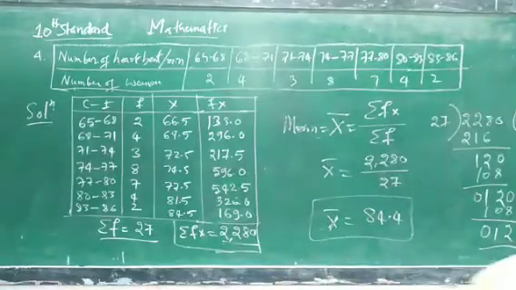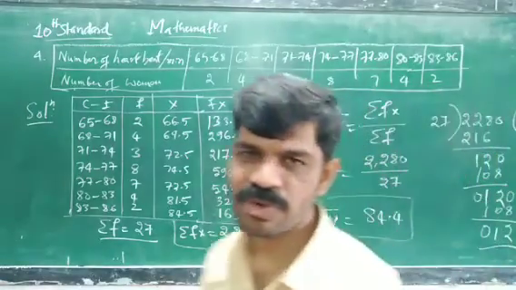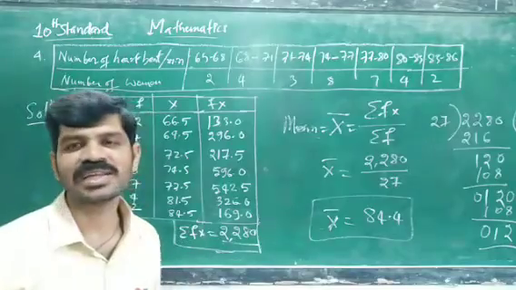You just see and write it down well. You get 84.4444. This is the mean.